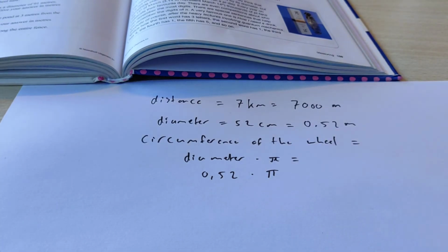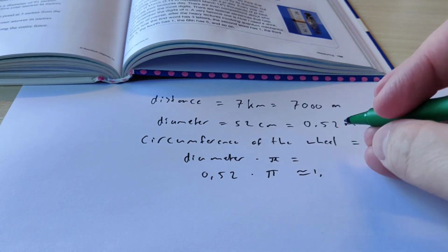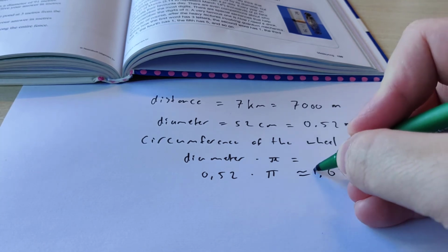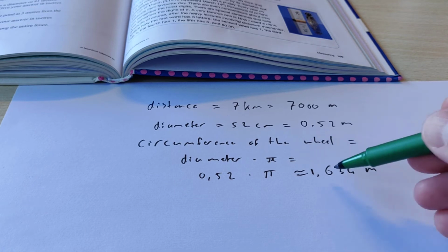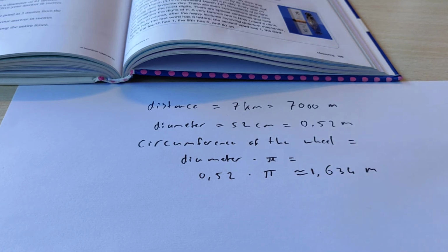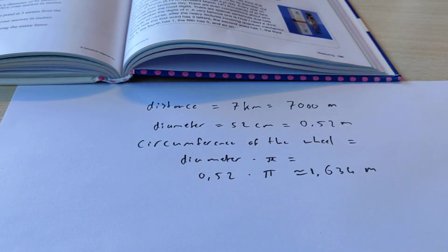So if I do 0.52 times pi, I'll type that into the calculator, and then the calculator will say it's 1. I'm going to do it on 4 decimal places for now. So if his wheel turns once, then this is the distance he traveled, 1.634 meters.